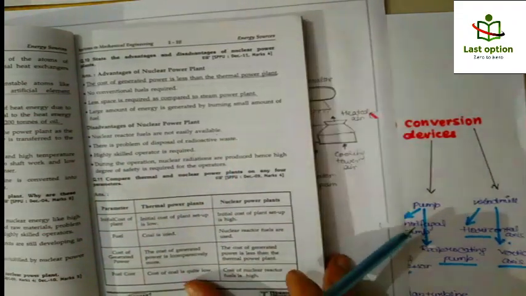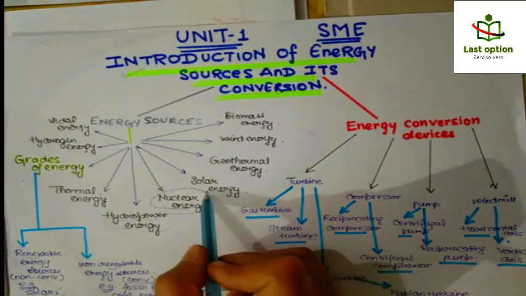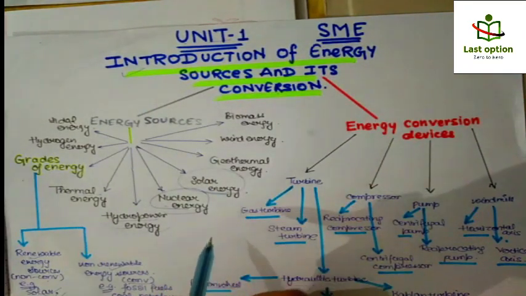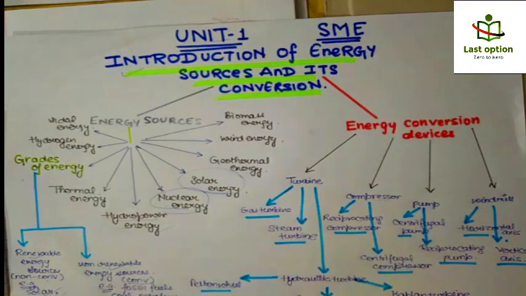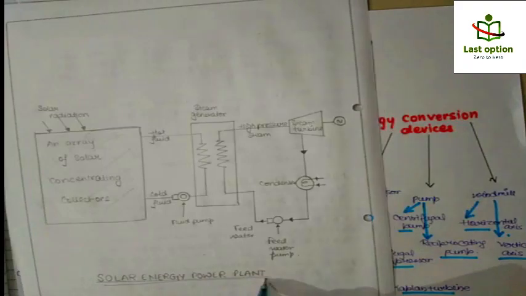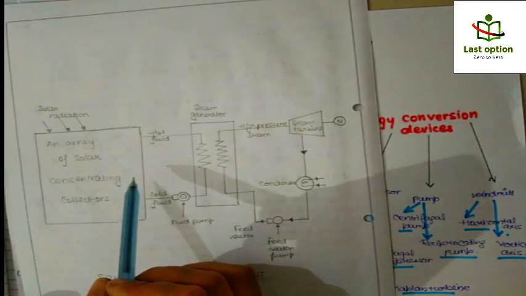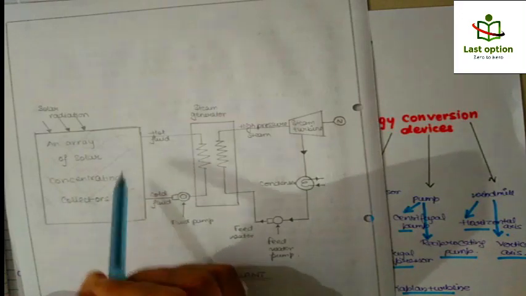The next topic that we have to study is solar energy, so let's get started with the solar power plant. This is the basic diagram of a solar energy power plant. Here you can see the solar panel that we have seen in different areas.